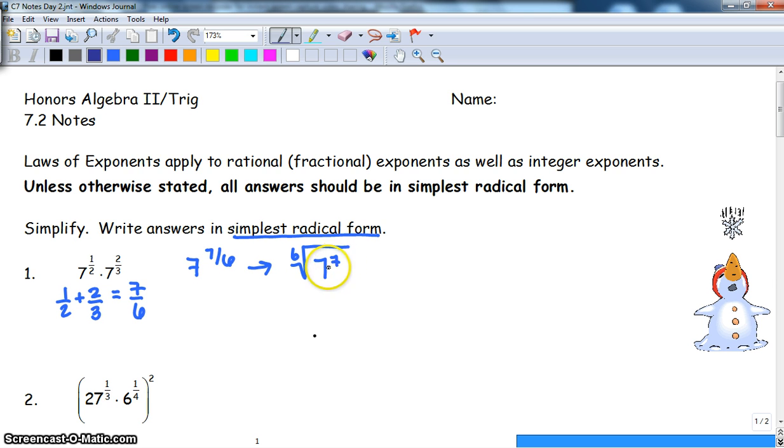Well, we have 7 sevens. So you have 1 that can come out with 1 left over, a remainder of 1. Because 6 goes into 7 one time with 1 remainder. So 1 can come out, 1 stays in. And here's your answer.